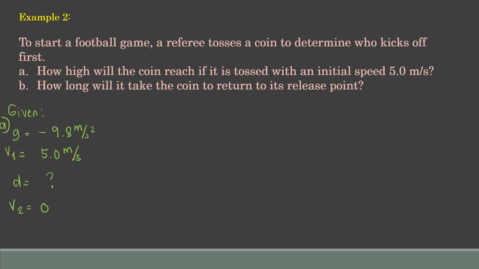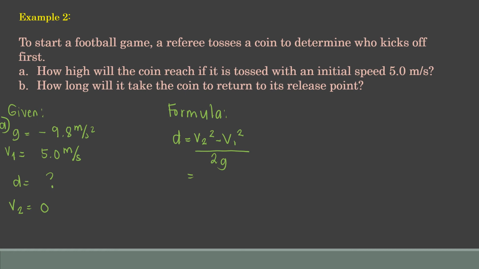From the set of equations that I have shown you, to be able to get the distance traveled, or the height, we are going to use the third equation, which is D equals V sub 2 squared minus V sub 1 squared all over 2 times G. However, we can again shorten the formula.